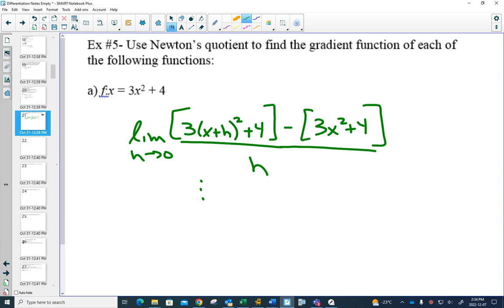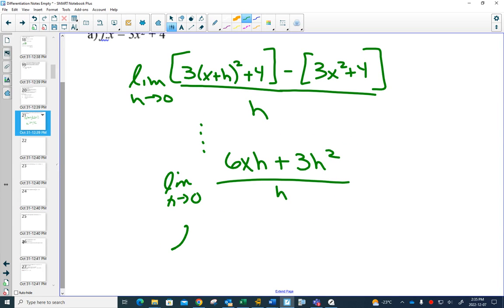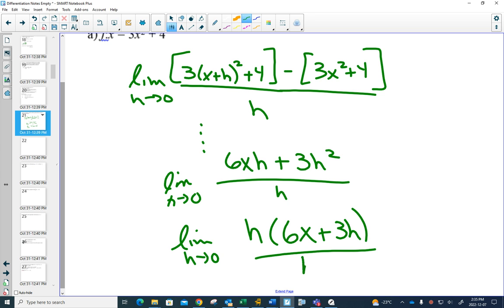Eventually, once everything is simplified, you are going to get something on the top and something on the bottom, and what's on the top is going to have a common factor of h. What's nice about that is if I factor out that common factor of h, it will cancel with the h on the bottom.